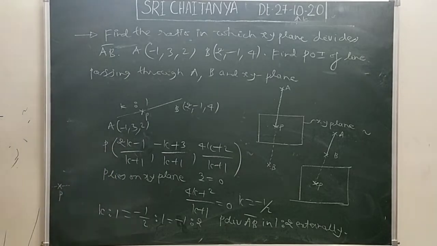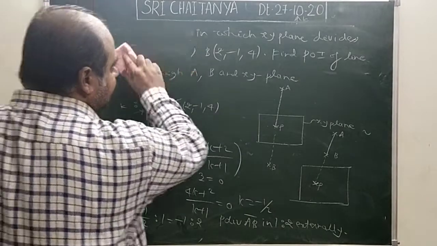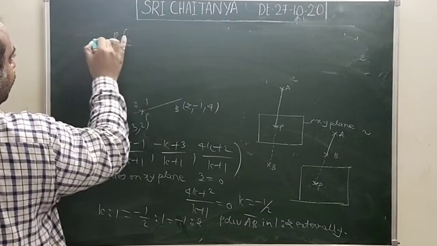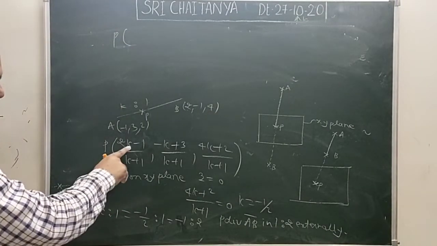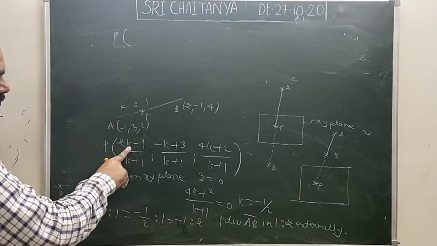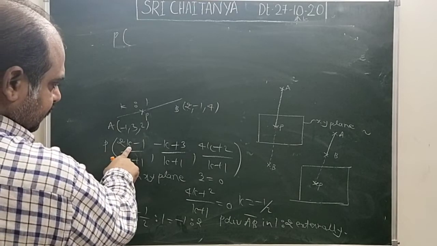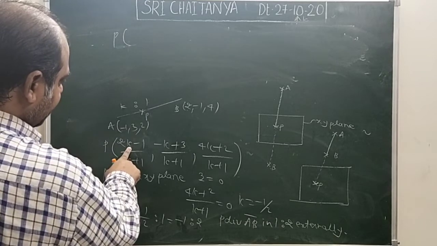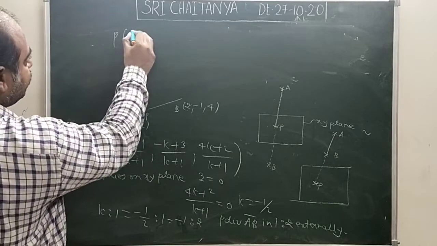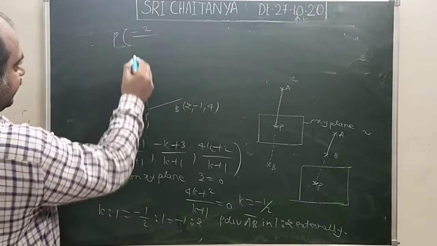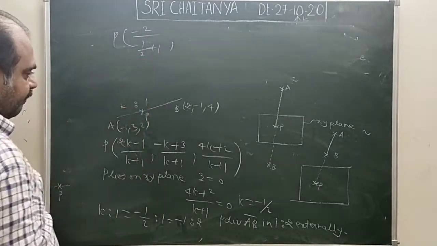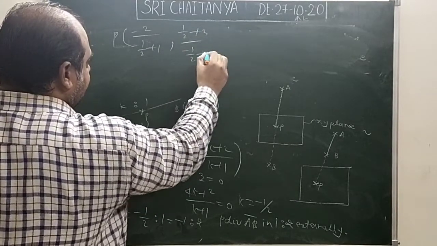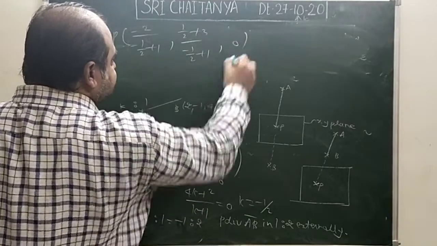What is that point? You substitute K equal to minus 1 by 2 in that. Then you will get that point. Substituting K equal to minus 1 by 2, you get minus 2 divided by minus 1 by 2 plus 1, and so on, and the Z coordinate will obviously become 0.